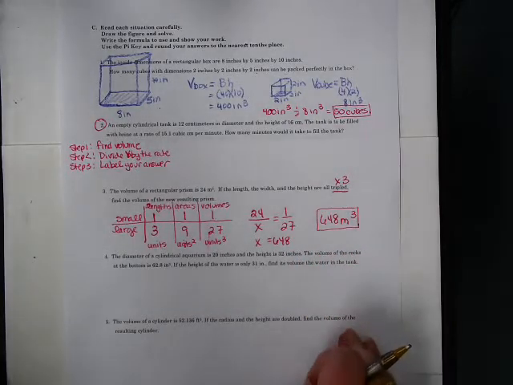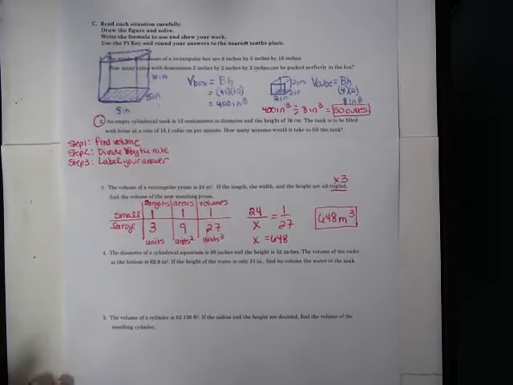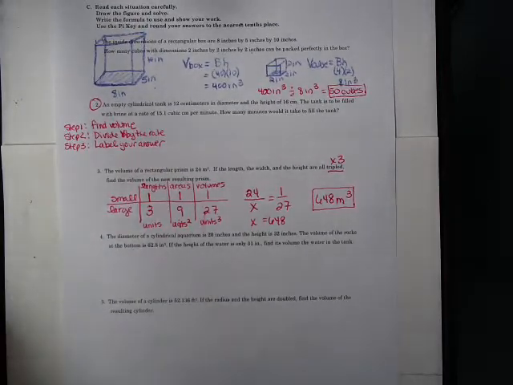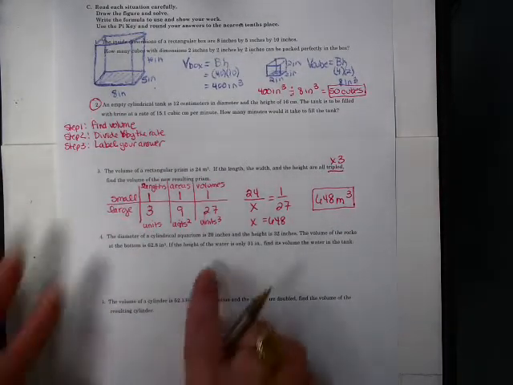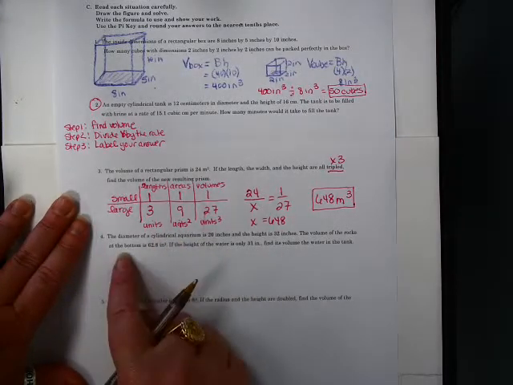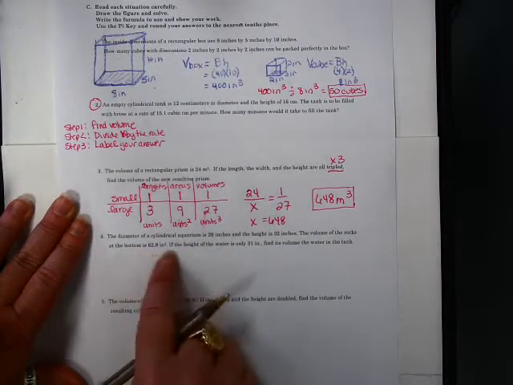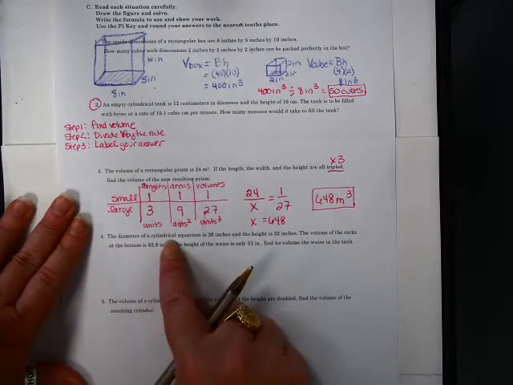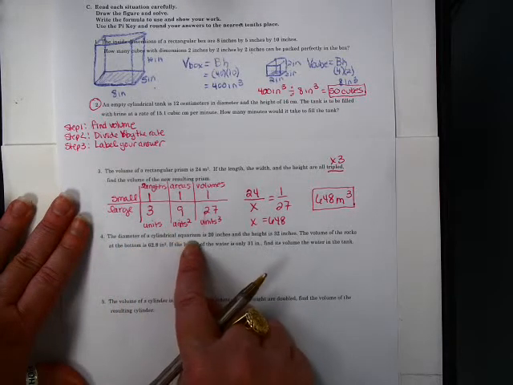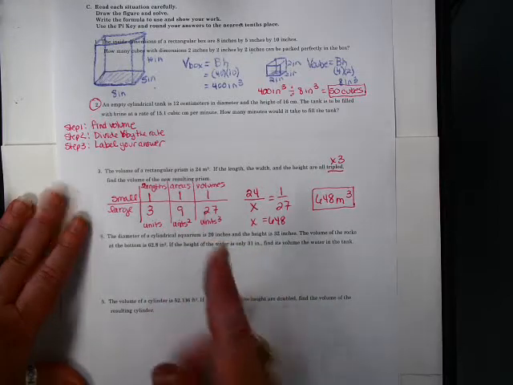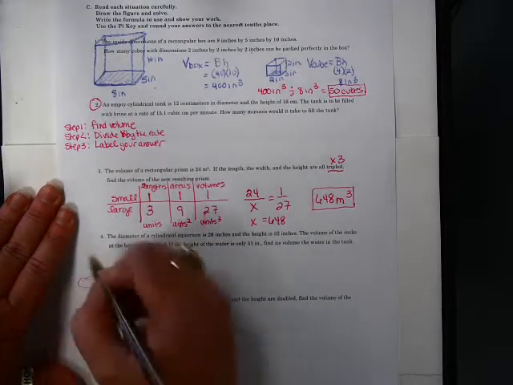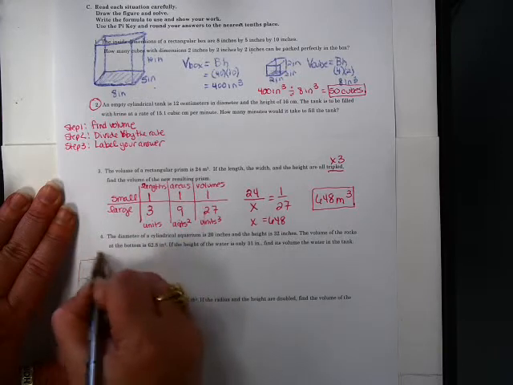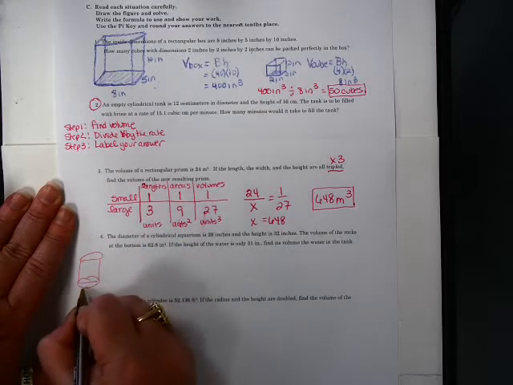Alright. The next one, we have a tank. It's kind of an aquarium, and it's being filled with water, so it's kind of like a fish tank. It says the diameter of the cylindrical aquarium is 20 inches, so it's like a cylinder, and we know that the diameter all the way across is 20 inches.